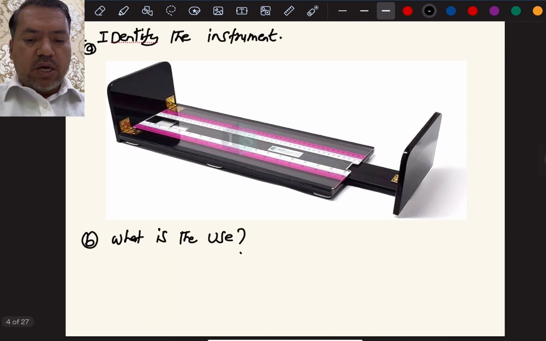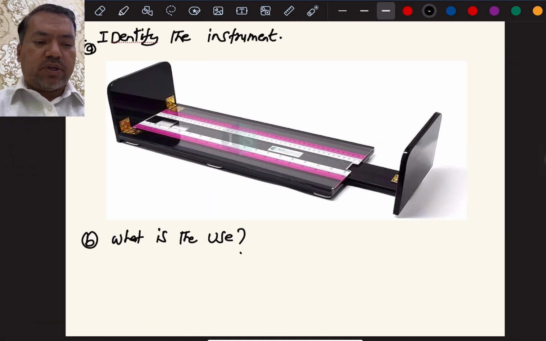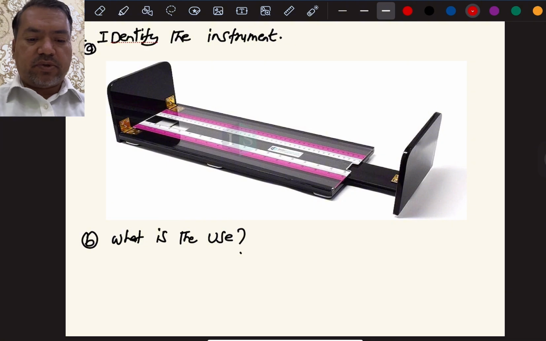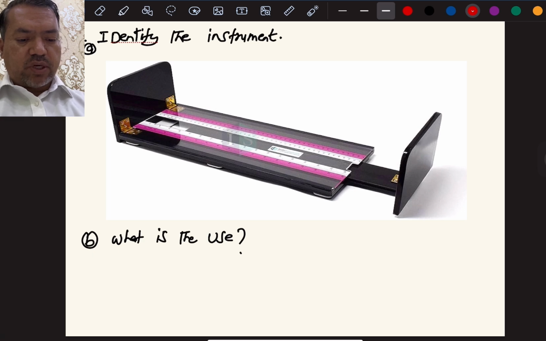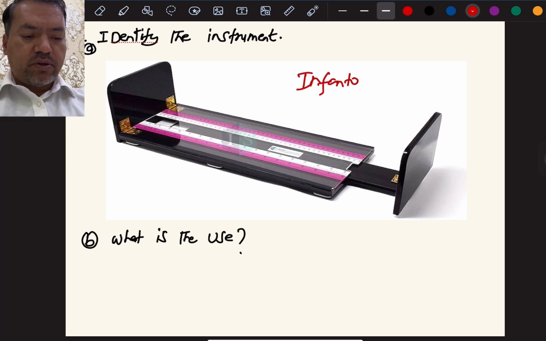Let's move on. Now we directly go to the instrument, and these are very catchy questions in the exam. See here, identify the instrument which is shown here and what is its use. The name of this instrument is called infantometer. What is the use of this infantometer?